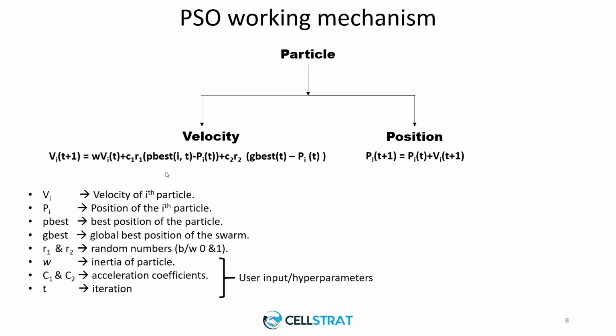In the position equation, which is the simpler one, the position at time step t plus 1 is equal to the previous position at time step t plus a certain velocity. You are moving with the help of the velocity. So this is your previous position, and since you get a new velocity, you will move in that direction and by that magnitude to get your new position.